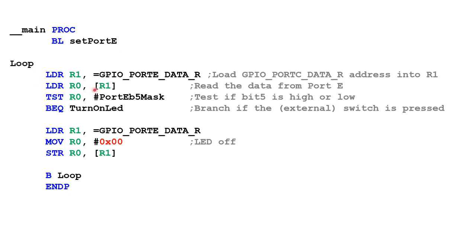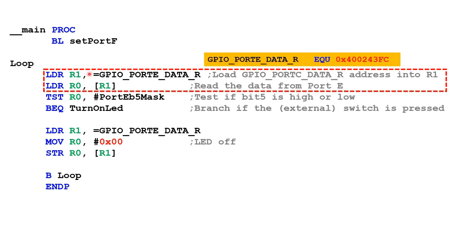Now, these two instructions will load or copy this value, which was defined at the beginning of the program, into register R1. And this instruction here will copy the contents of the address which is pointed to by R1.